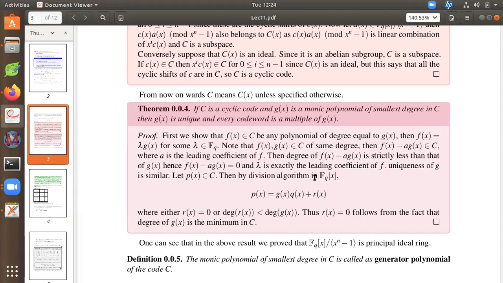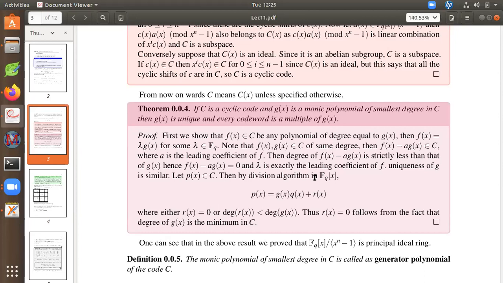Then what do you know about the degree of f(x) minus a times g(x)? It is strictly less than the degree of g(x), because the leading coefficient of g(x) is 1, and I have multiplied it with the leading coefficient of f and subtracted. So the degree becomes less, at least by 1. Then it has to be the 0 polynomial, because out of all the polynomials in C, g(x) has the least degree, and now its degree is less than that.